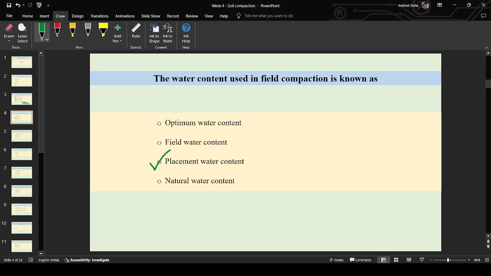Anyway, I want to repeat that someone said optimum water content, because he or she might have thought that since that is the one giving us the maximum dry density, we should use that. But whatever value we get in the lab, we cannot always go with that value in the field.